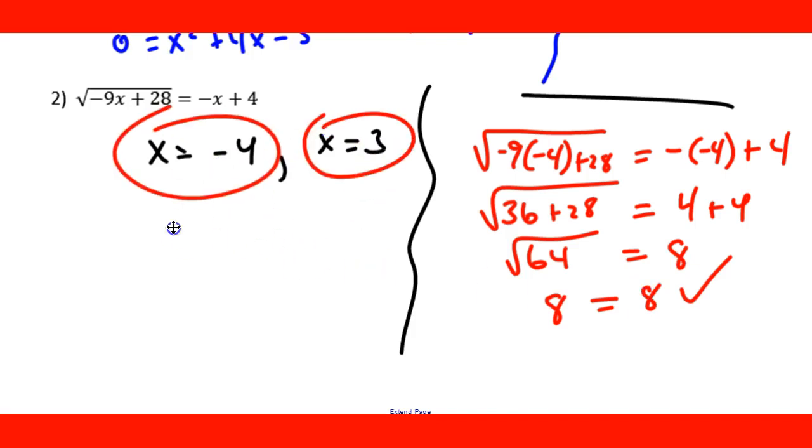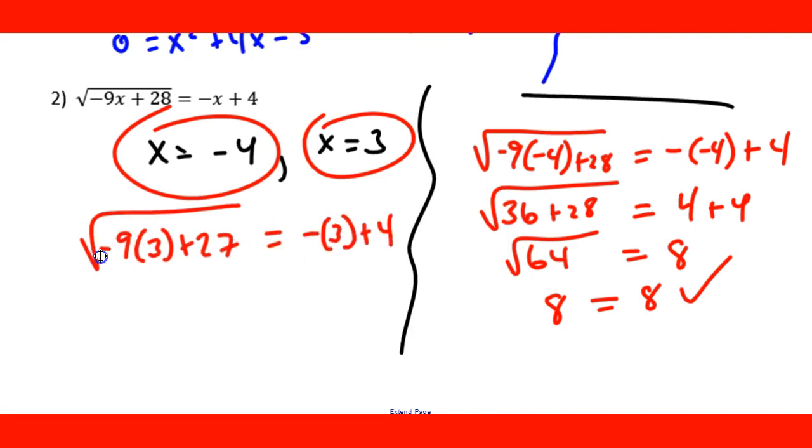Now when I check this one, 3, you have negative 9 times 3 plus 28 equals negative 3 plus 4. So now negative 9 times 3 is negative 27, plus 28. I wrote 27, sorry, 28.